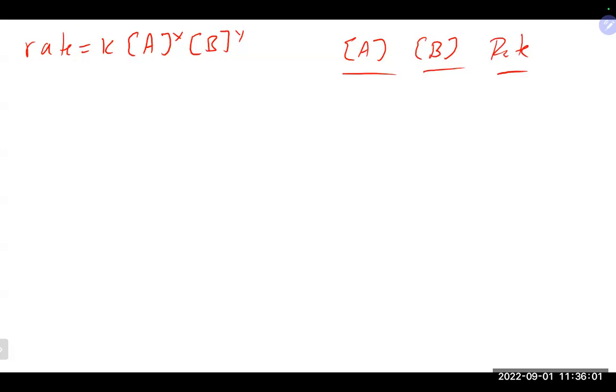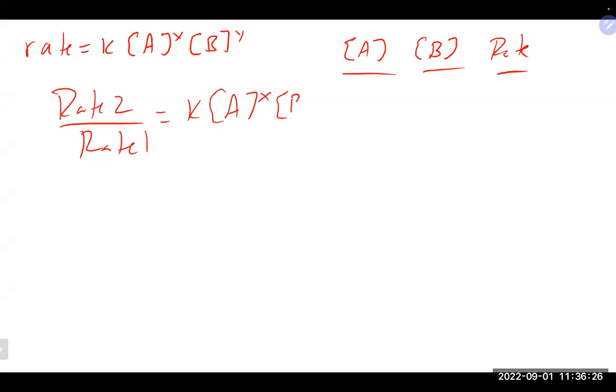And it may be, as we saw in some cases, a few entries, maybe 4 or 5, or a bunch of different entries. But ultimately, the best way to approach it is a mathematical approach where we take rate 2 over rate 1 equals our k, A to the x, and B to the y.